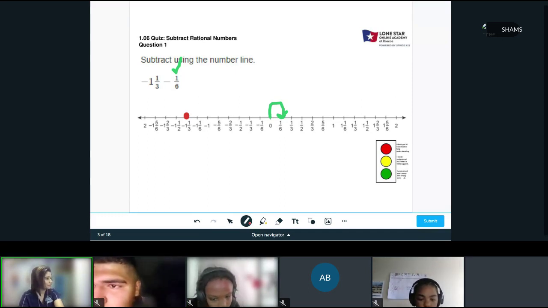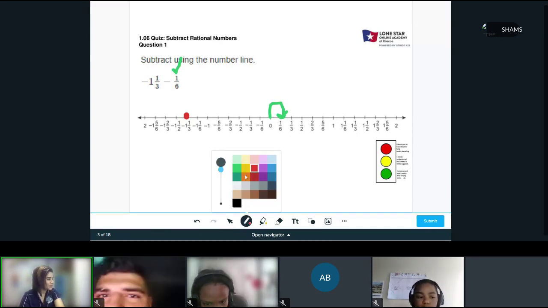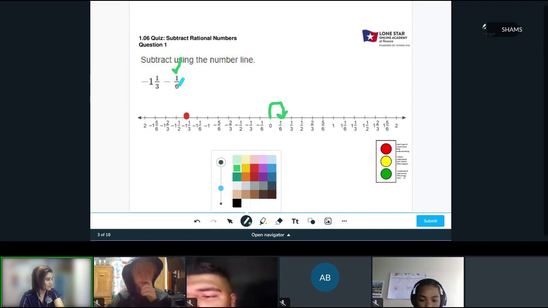So we have this negative 1 whole 1/3. We want to subtract 1/6. We also know how to read the number line. How many jumps should I make so that I can subtract 1/6?